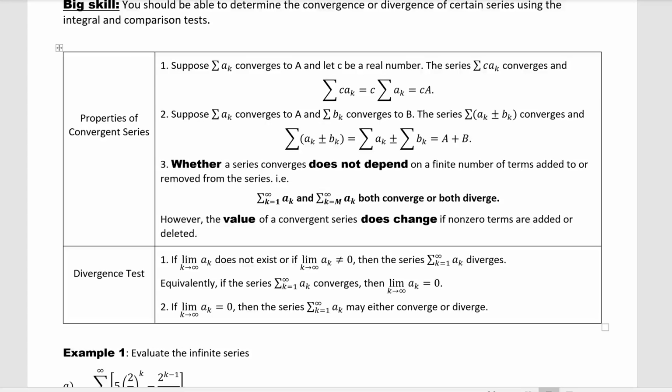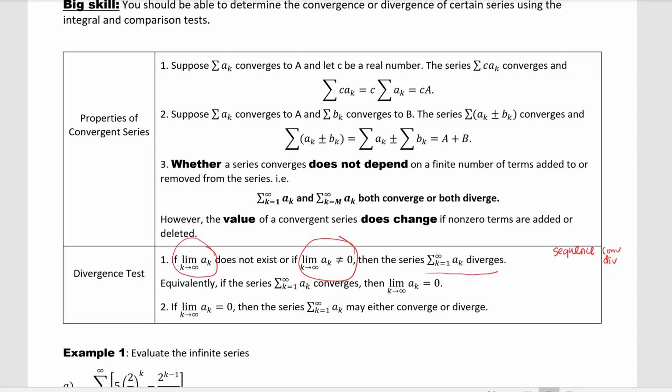Okay, so here we have the divergence test. If the limit of the sequence does not exist, or the limit of the sequence exists but is not equal to 0, then the series diverges. So here we have two concepts. The first concept is the sequence converges or diverges.